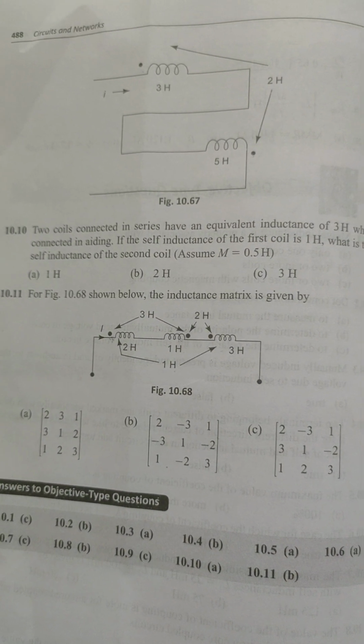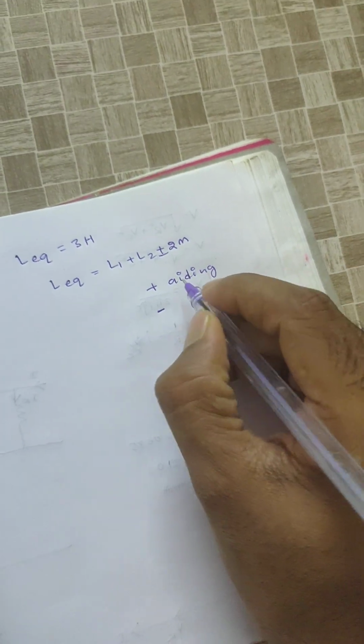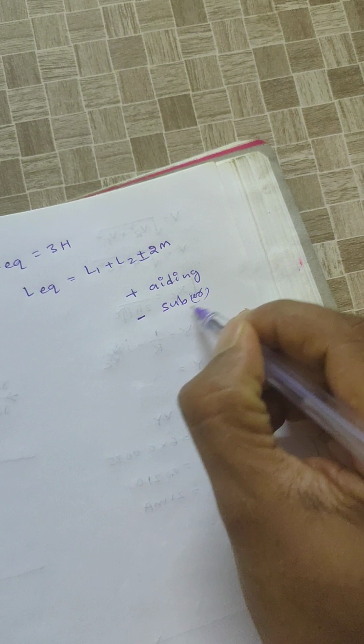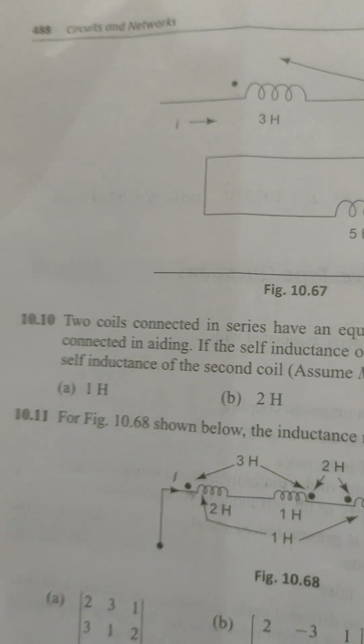When connected in aiding, the L equivalent formula will be L equivalent is equal to L1 plus L2 plus or minus 2M: plus for aiding, minus for subtracting or opposing. Aiding and opposing. Now see here in this problem what is given?